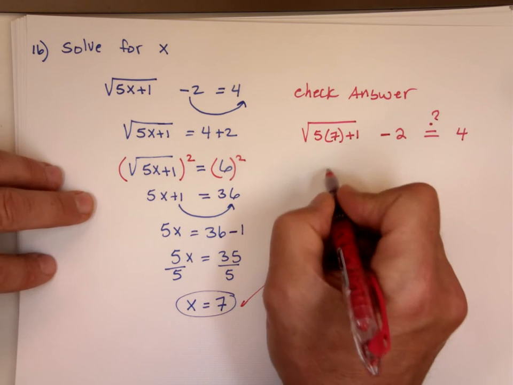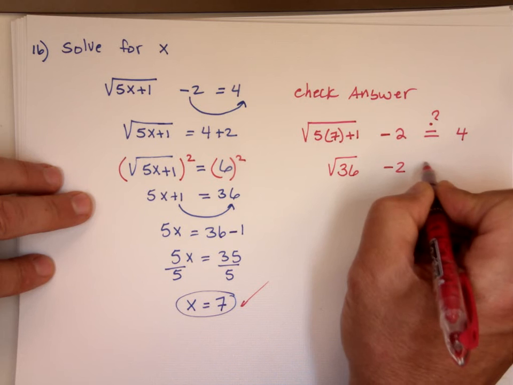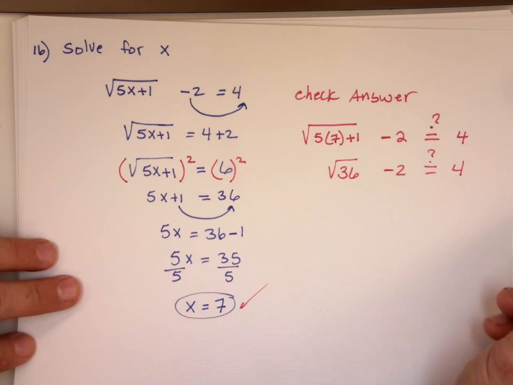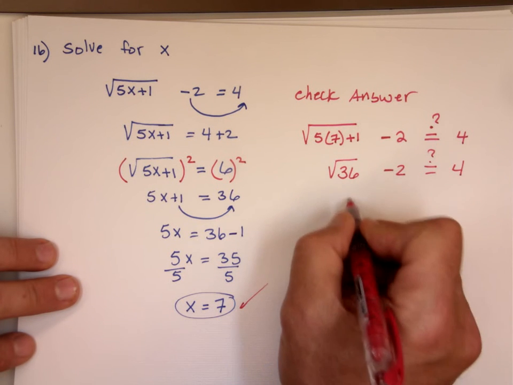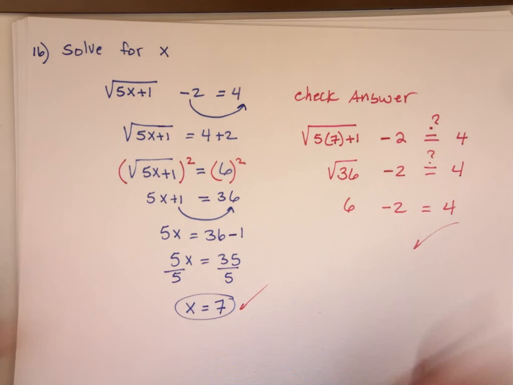Is the square root of 36 minus 2, does that equal 4? Square root of 36 is 6. Is 6 minus 2 equal to 4? Yes, it is. So that is a good answer.